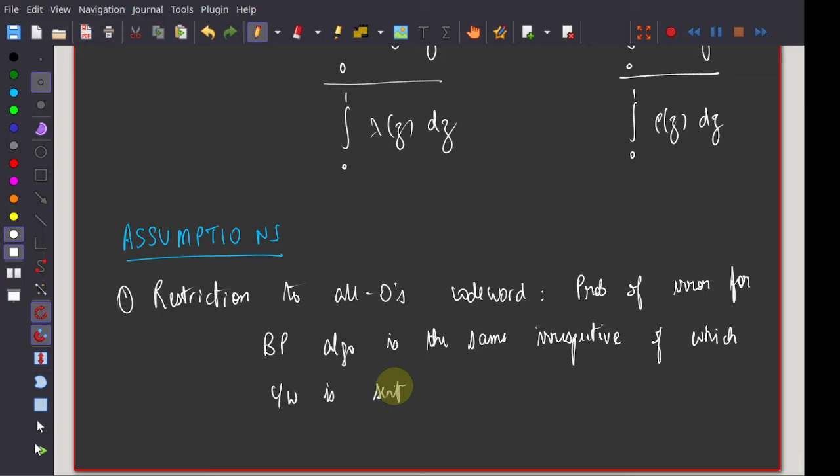The probability of error given that the all zeros codeword was sent is the same as the probability of error given that some other, non-zero codeword was sent. And since we're picking a code at random, what we're going to do is fix a degree distribution, look at the class of all LDPC codes which have this particular distribution, and pick one random code from it. For this, we're going to use the configuration ensemble.